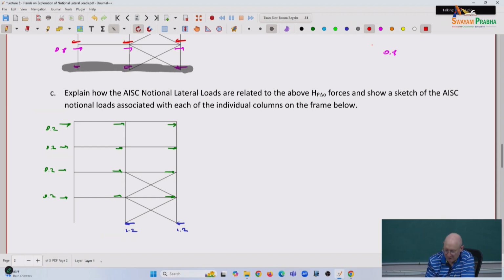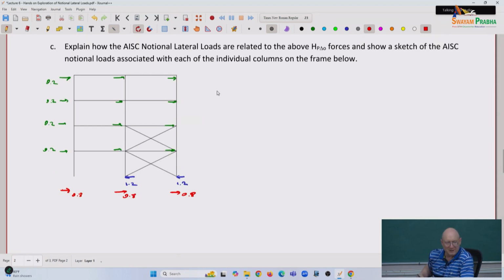If I applied that P-delta shear at the foundation, and it's a rigid foundation, it just goes into the support, right? So the foundation reactions for the directions of those P-delta shears to the left at the foundation level, I'll put it a little bit lower here, are 0.8, 0.8, and 0.8.